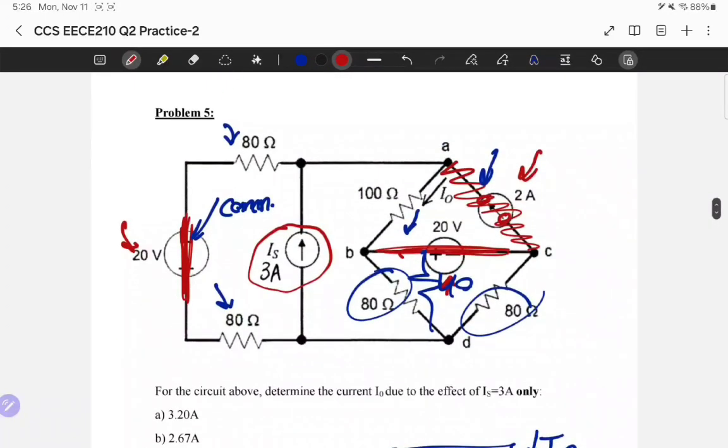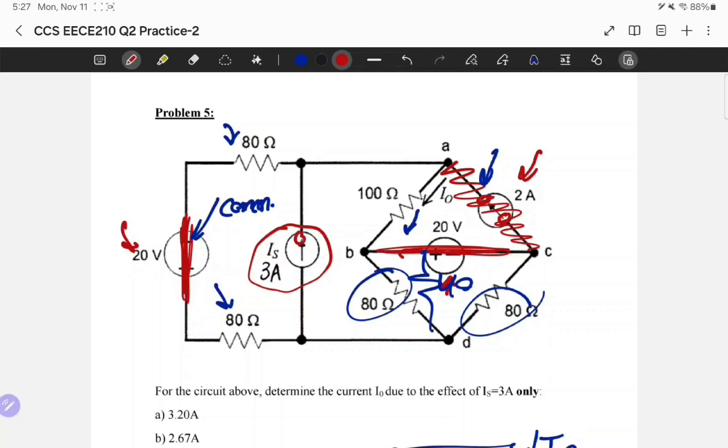So this is an example of superposition, where we consider the effect of one singular source and we deactivate all the other sources that I don't need, and I find my value. And if the problem was complete, if it was to find the total current in the 100 ohm resistor, I would need to find the effect of everything.